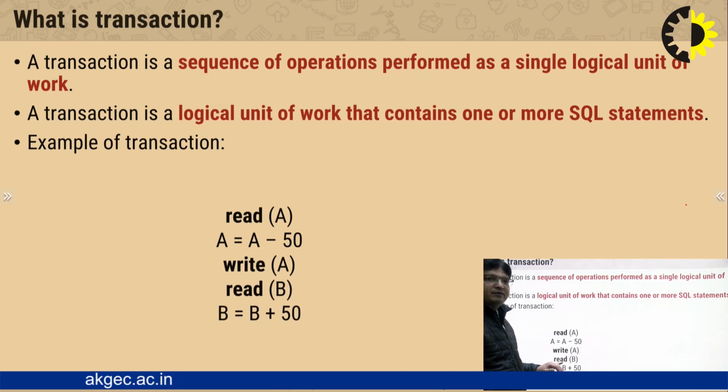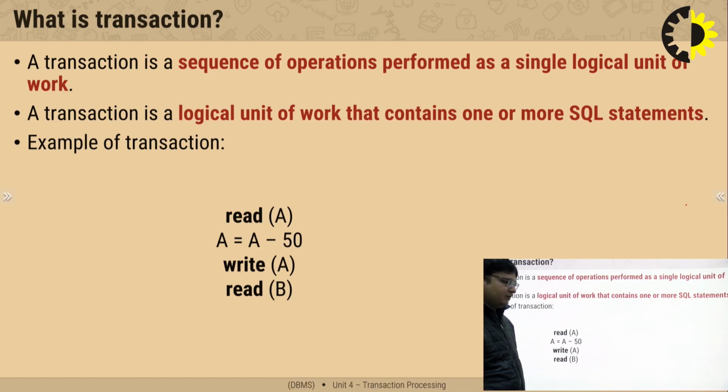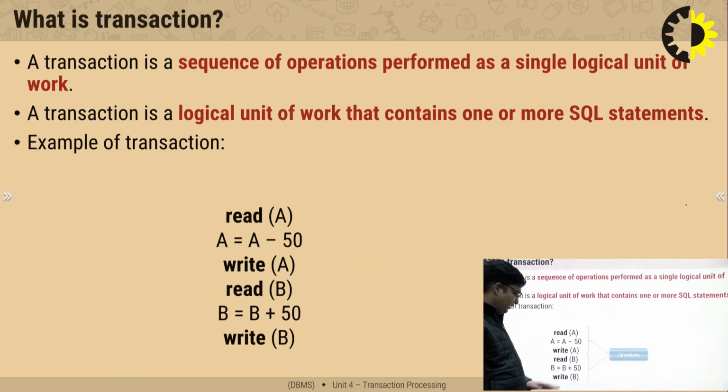Next, read B. Now we bring the value of B from the disk into the buffer, which is accomplished by read B. Thereafter, B equals B plus 50, that is, we are adding 50 to the current content of B. Finally we write B, that is, the updated value of B has to be updated into the disk.